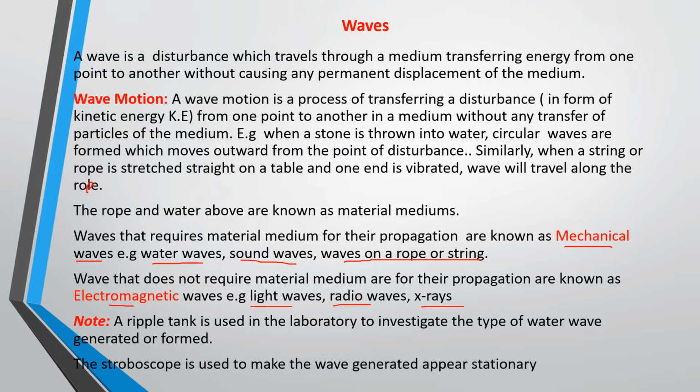So that is what is used to generate waves in the laboratory. Having that said, we'll look at a waveform and then some terms that are associated with the wave. That's what we want to study now.